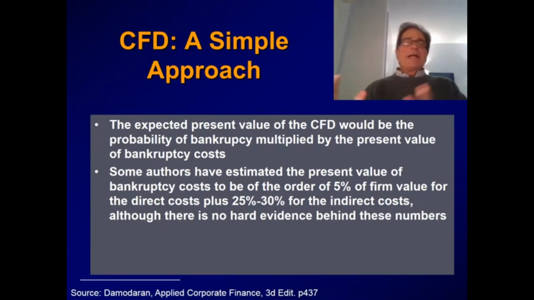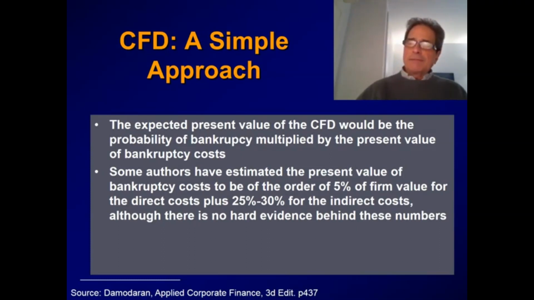So we calculate the present value of the unlevered free cash flows to get the value of the unlevered firm. Then we multiply that by 25, 30%, up to 35% in order to get the expected present value of bankruptcy costs. And if we want to calculate the final effect of bankruptcy cost on the value of the firm, we have to multiply by the probability of default.